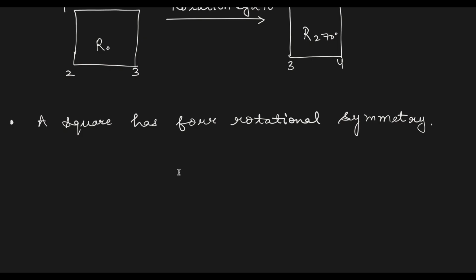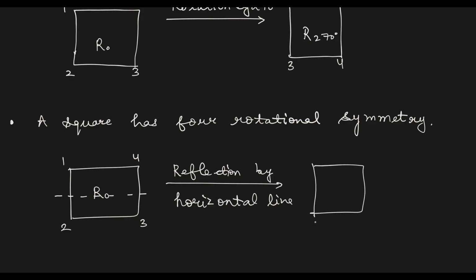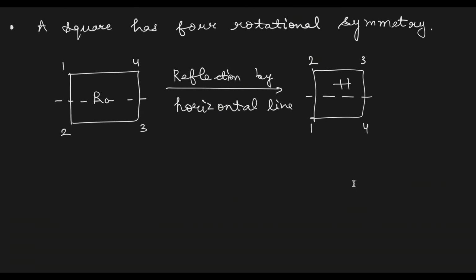Next, reflection. R0 is this 1, 2, 3, 4. Reflection by horizontal line. So this will become 1, 4, 2, 3. So this is reflection by horizontal line.